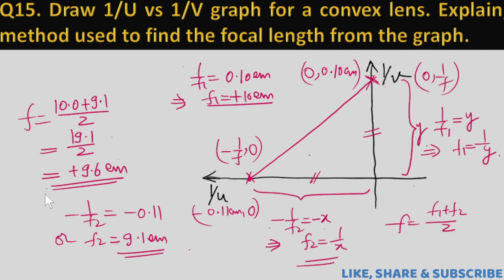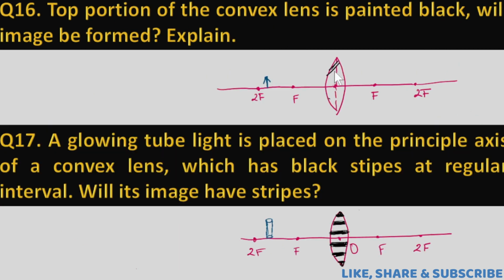If the top portion of the lens is painted black, then the refraction of light will take place from the lower portion of the lens only, and in this case the image will be formed beyond 2f, and this image will be real, inverted, and magnified. Try drawing the course of light all by yourself. Hint is, one of the rays could be passing through the focus.